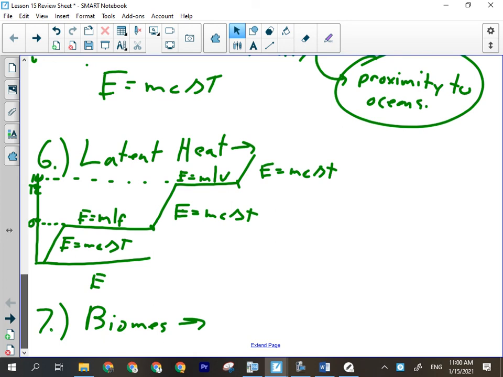Global wind patterns and energy transfers. Global wind patterns and the Coriolis effect.